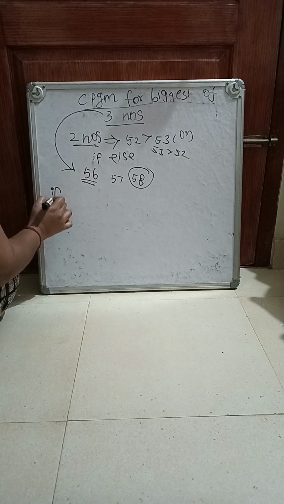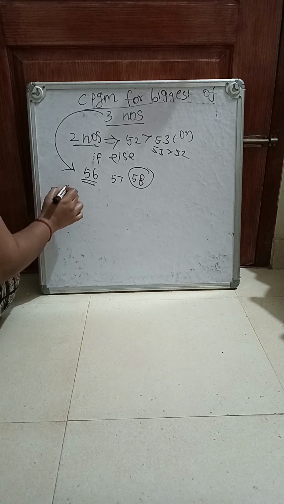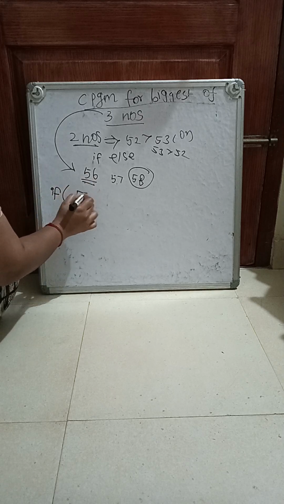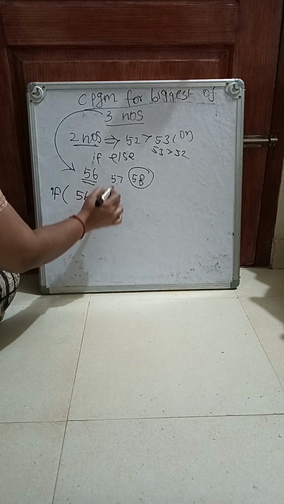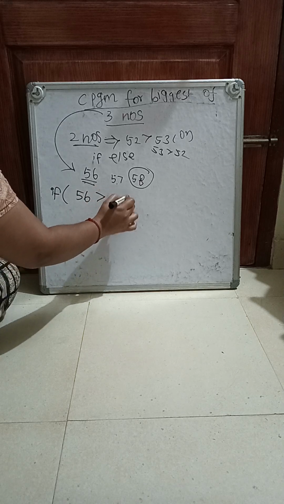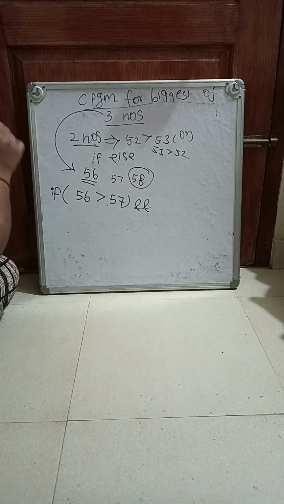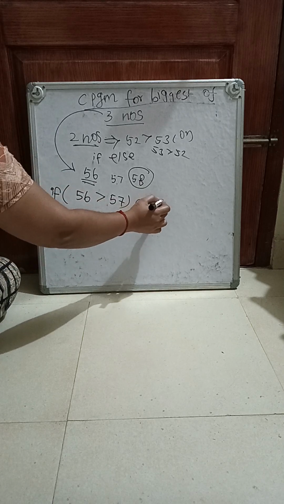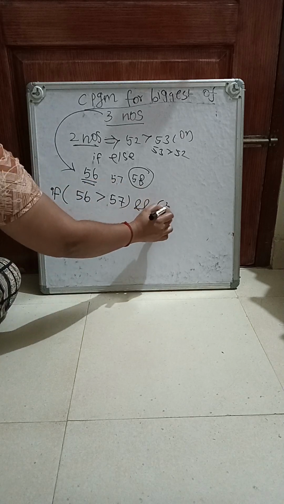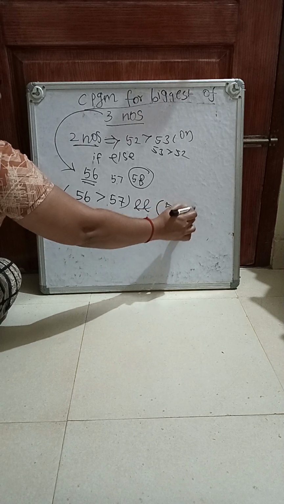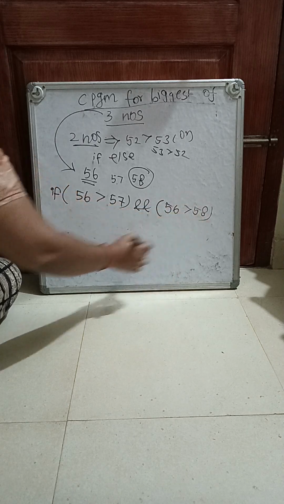So I have to write if 56 greater than 57, and I have to use the logical and operator and check whether 56 is greater than 58.